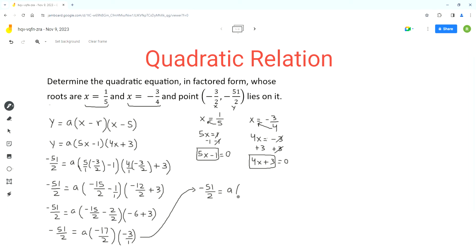Negative 17 times negative 3 is a positive number, so we get positive 51 over 2. Now 51 over 2 can also be written as 25.5, and we have to isolate a, so in this case we'll have to divide both sides by 25.5.